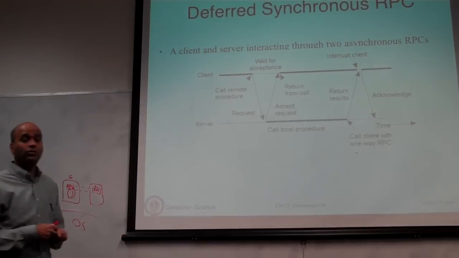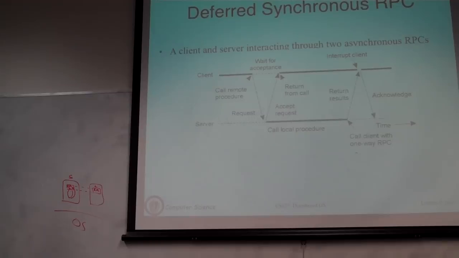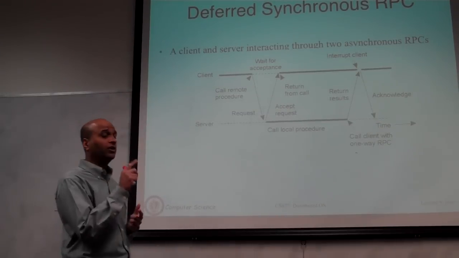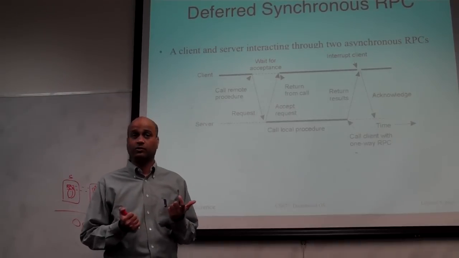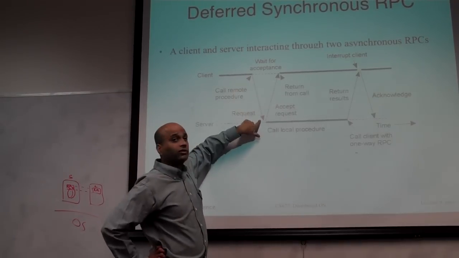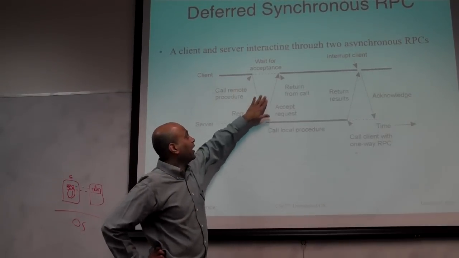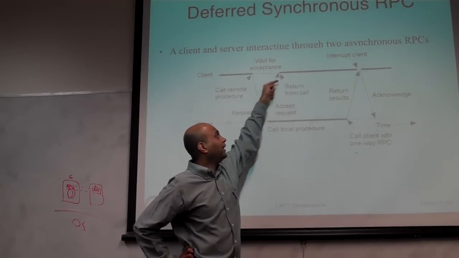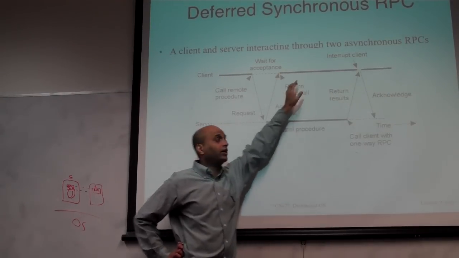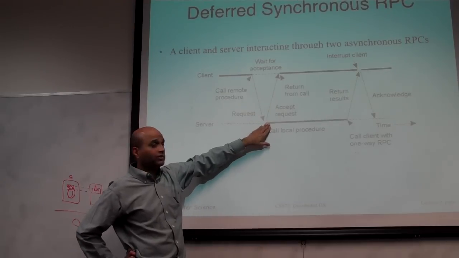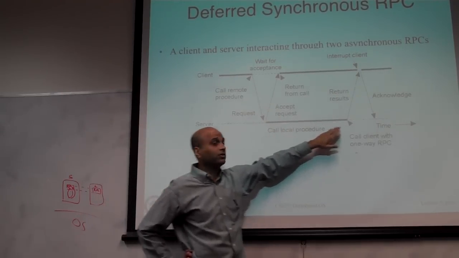Here is what is referred to as, this figure is showing what's referred to as deferred synchronous RPCs. Here you basically have two asynchronous RPCs in reverse. So the first one is the request that comes to the server, acknowledgement goes back, the client continues execution, that's shown by the dark bold line there, and then the server is going to go off and execute the RPC.